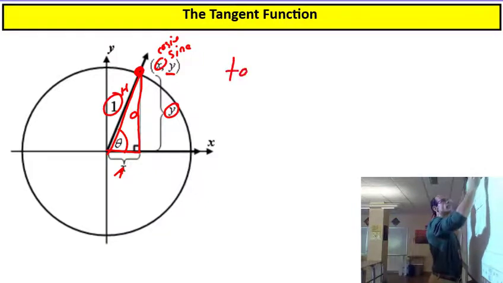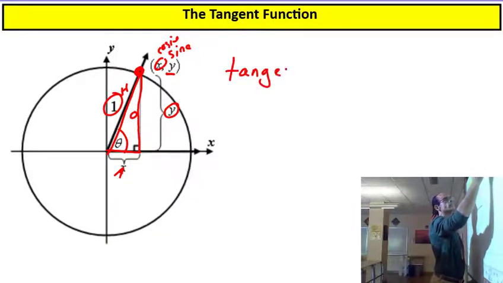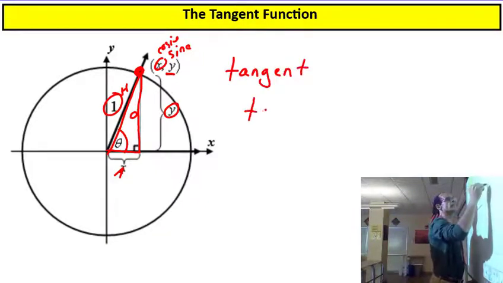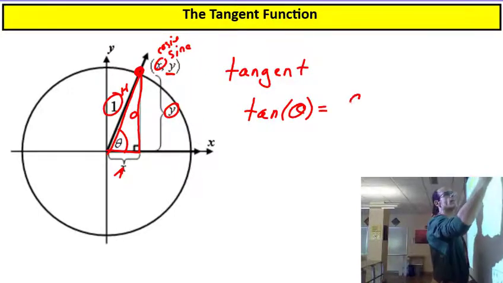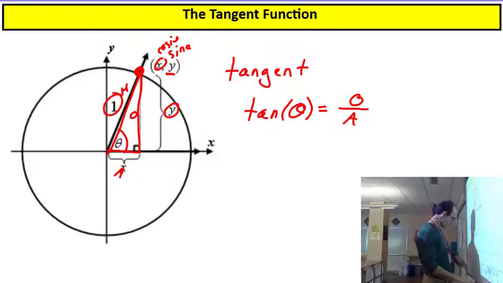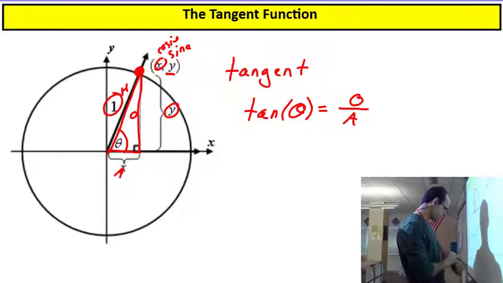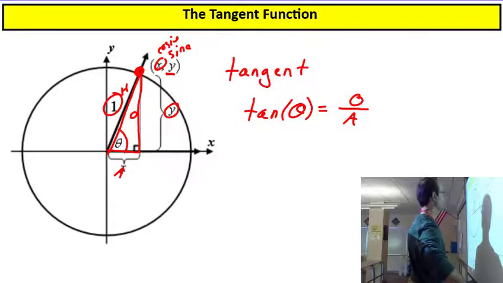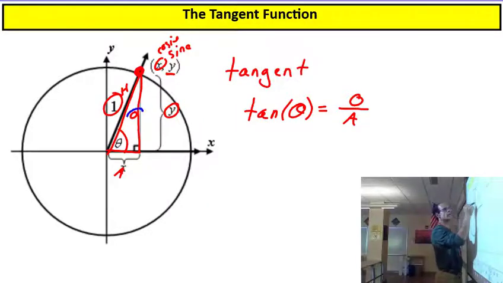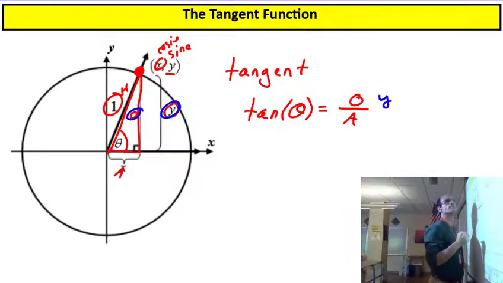Let's remember the definition of the tangent. The tangent of an angle is the ratio of the opposite side over the adjacent side. So when we're looking at the opposite side here, we're looking at the y coordinate.